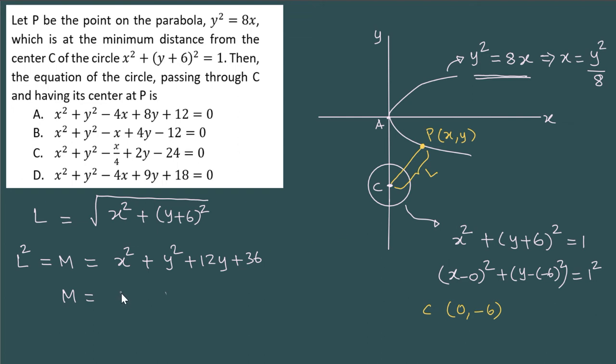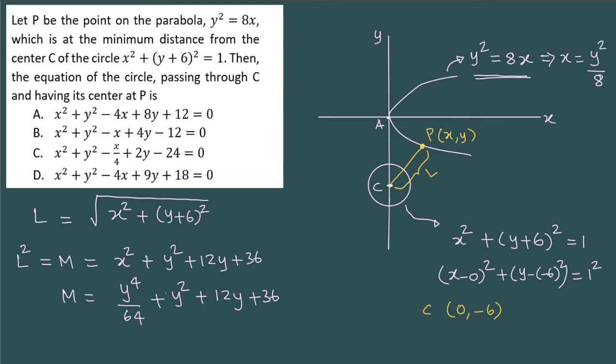So x is y square by 8, so this becomes y to the power 4 by 64 plus y square plus 12y plus 36. M is the square of the distance. If I minimize the square of the distance between C and P, then I will be minimizing the expression that I have on the right hand side, right?